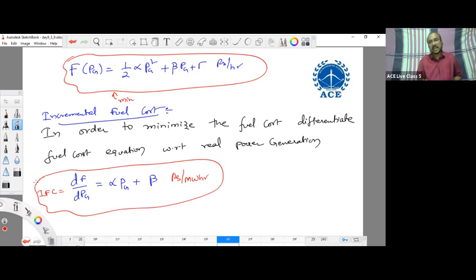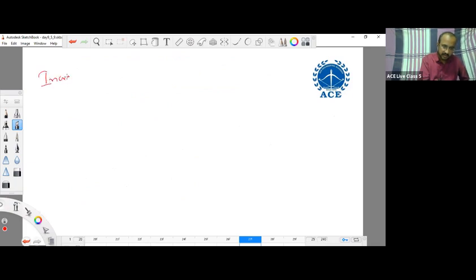So what do you mean by incremental fuel cost curve?